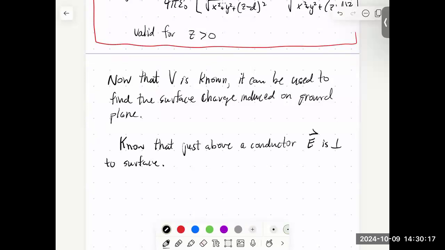And you might remember that E perpendicular, in this case, is the z component of the electric field, is equal to sigma over epsilon naught.